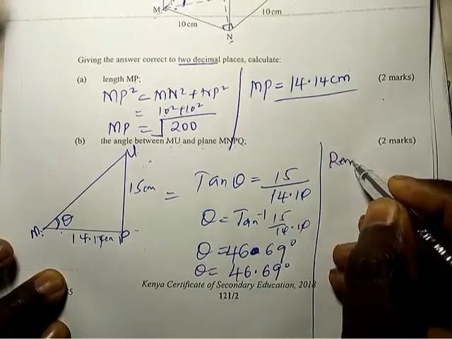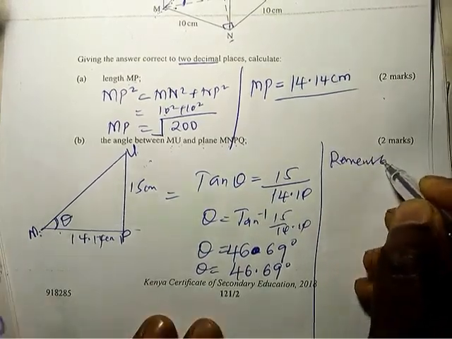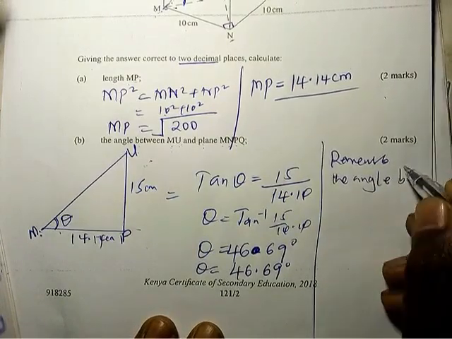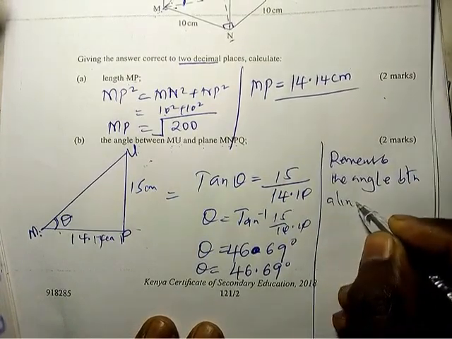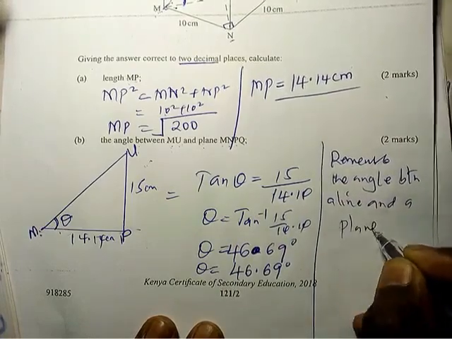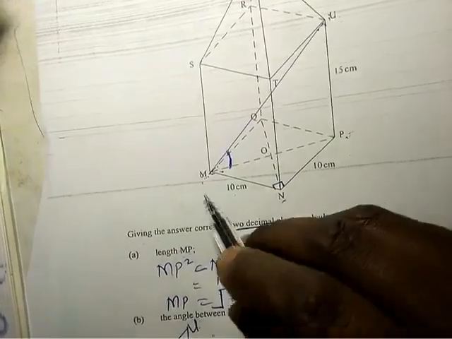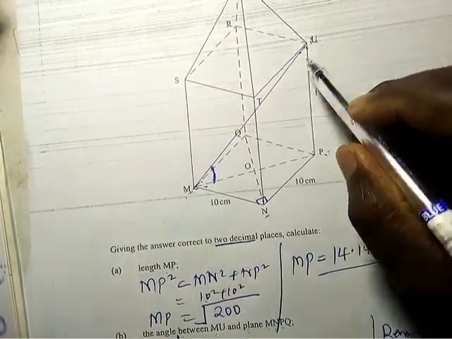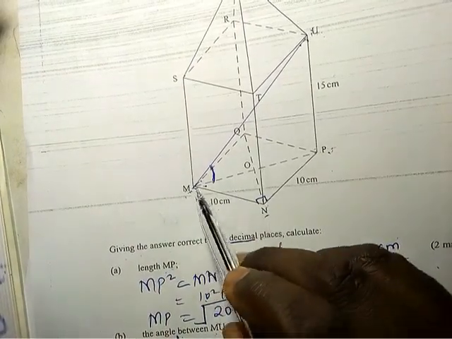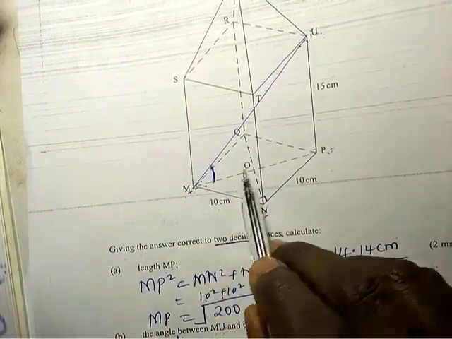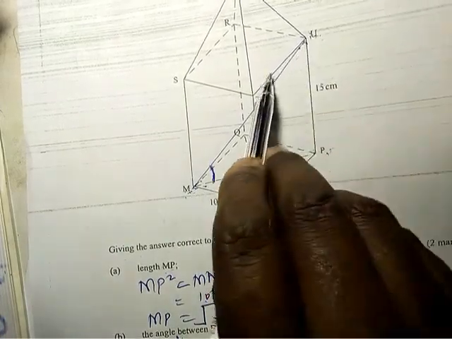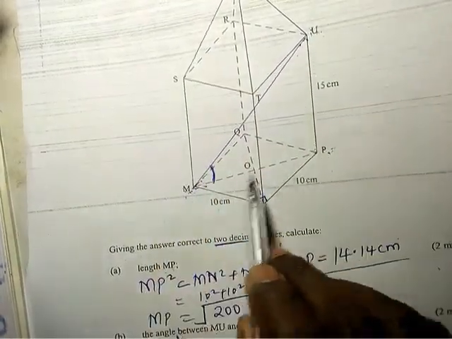Remember that the angle between a line and a plane, the angle between a line MU and the plane MQBE, is the angle between the line and its projection. So the projection of MU, this shadow, if it is lit from here, it will fall here at MP.